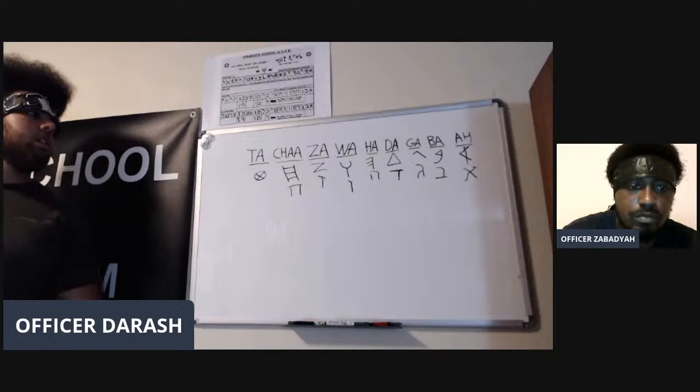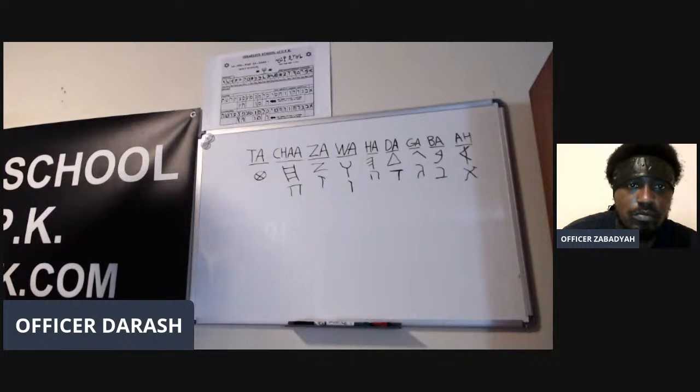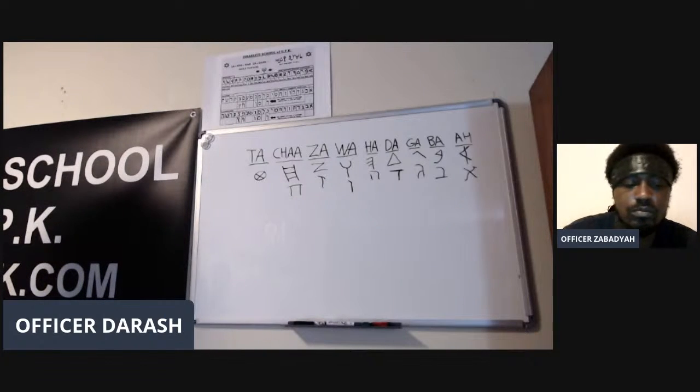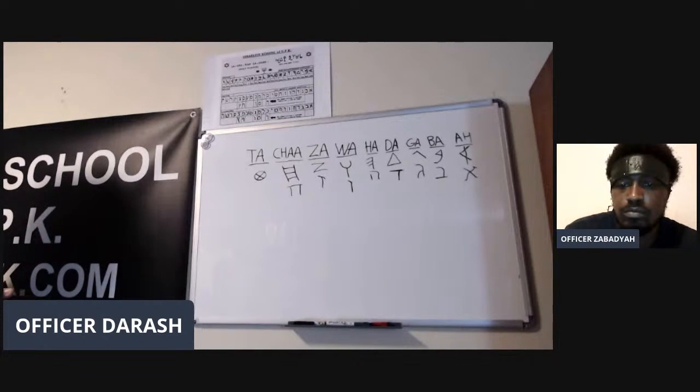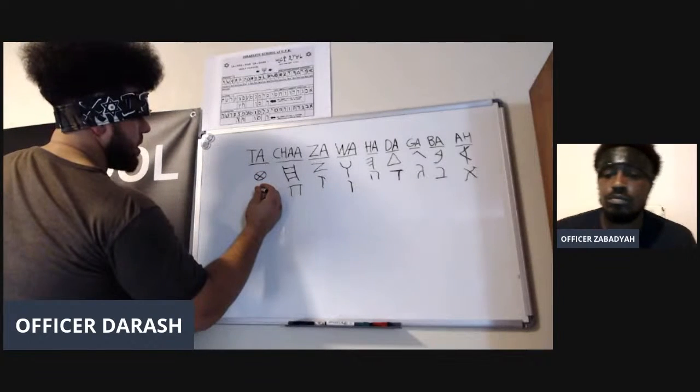In the ancient, none of them look alike. Obviously there may be some similarities, but not to the point where you get confused. You'll know this is its own. You'll never be confused like, oh, that's the Ta, it looks the same as the Za or the Wa. That's not the case. All right. But for the Assyrian, some of them look alike. We're gonna see it. So Ta is right here.